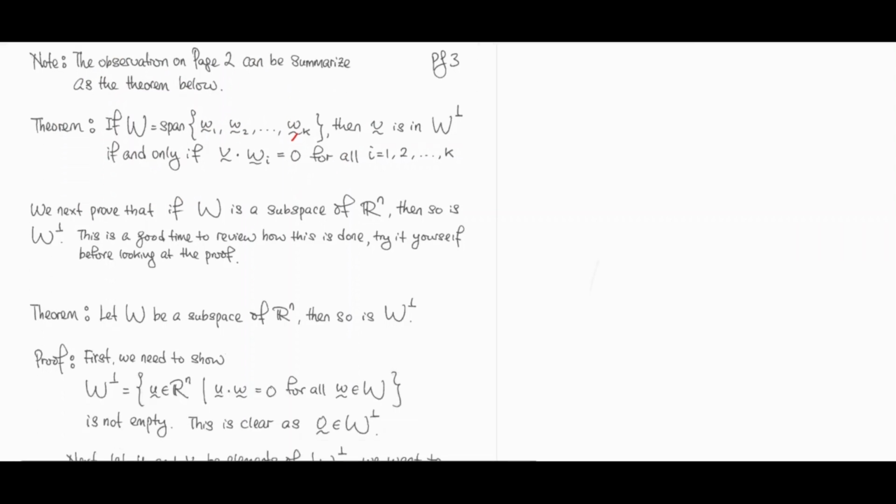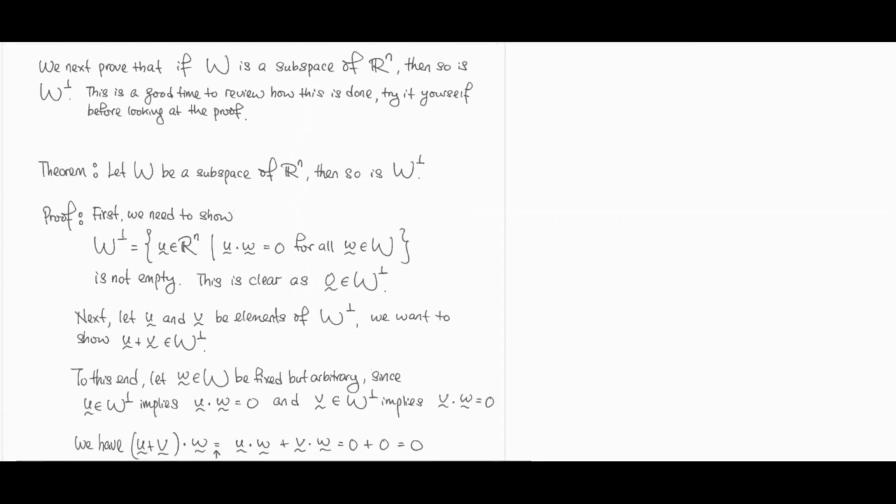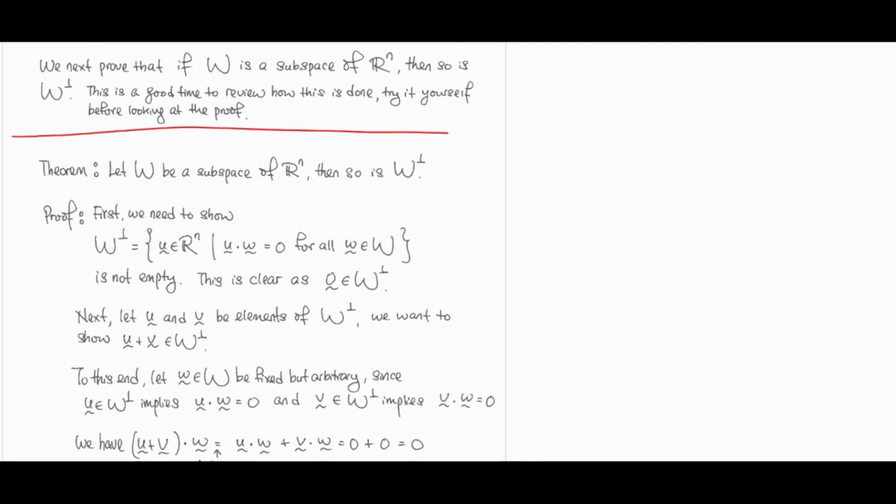All right, now, the next thing we want to talk about, it is time to talk about stuff like this because we haven't been talking about checking subspaces for weeks now. So this is a good time to practice how you verify something is a subspace of something, all right?